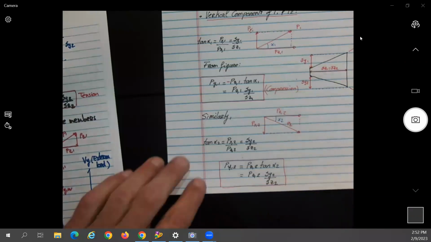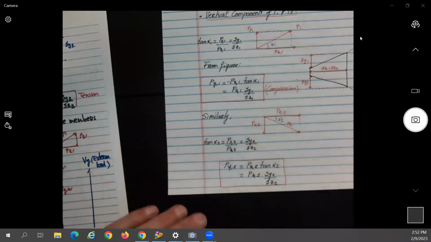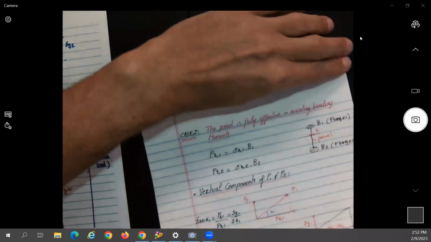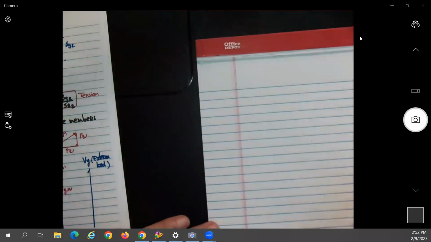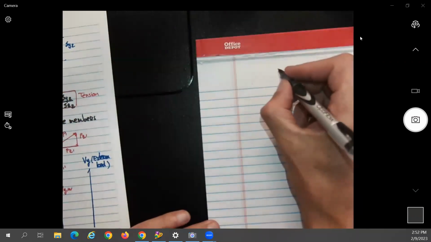Okay, so the reason why I'm doing all this is to find P1 and P2. So now that we know Py sub 1, Pz sub 1, Pz sub 2, and Py sub 2, we can find the value of the axial forces.